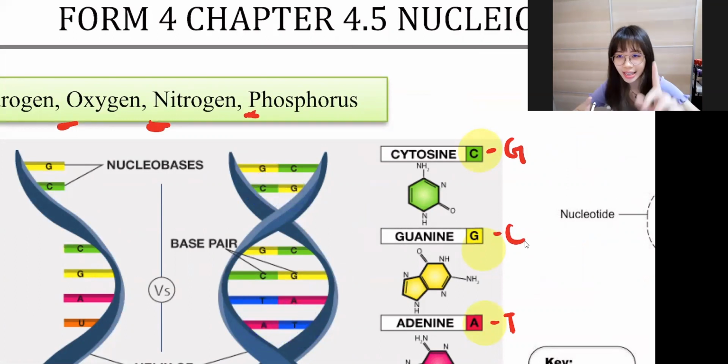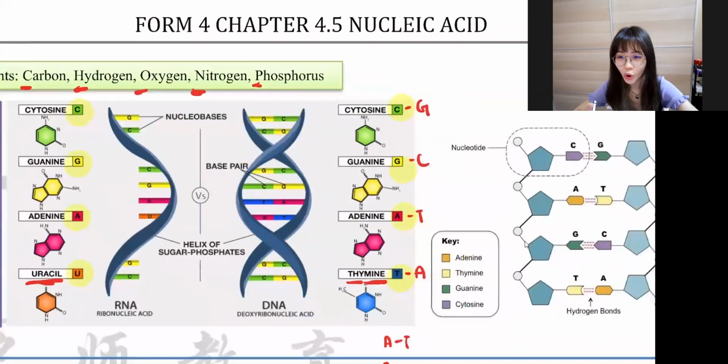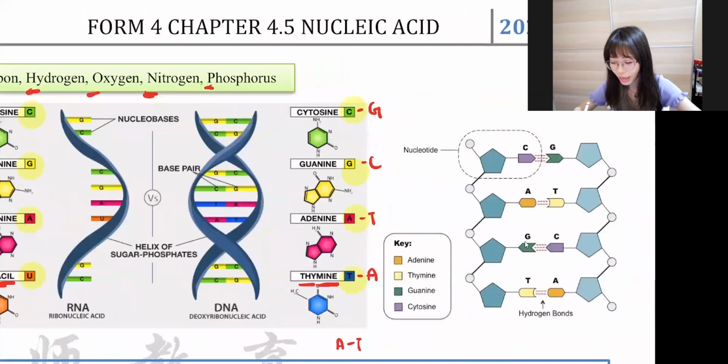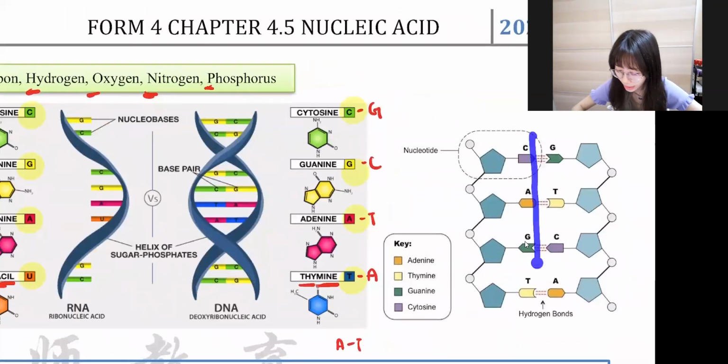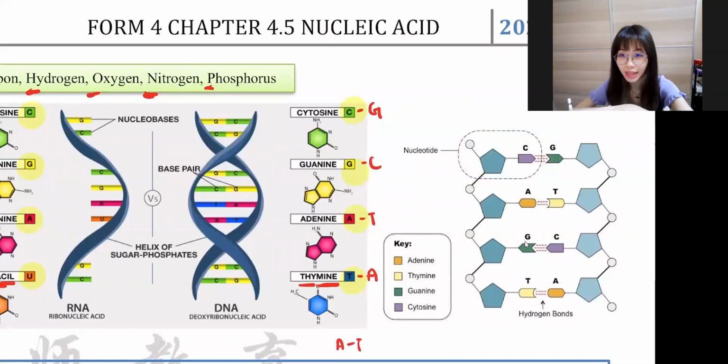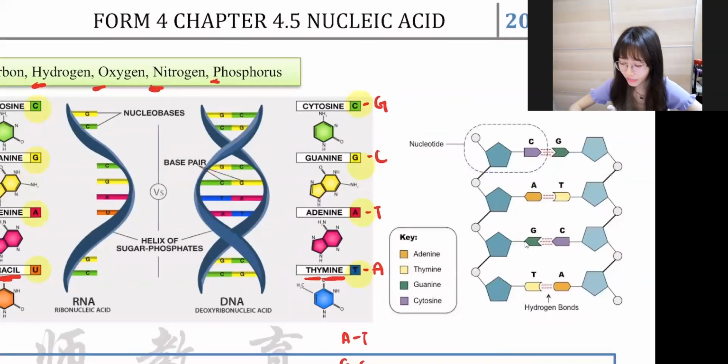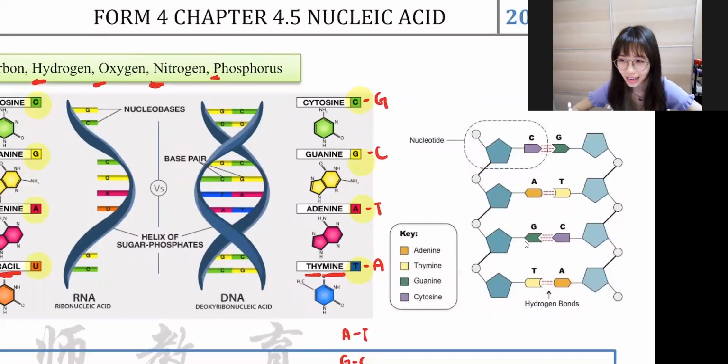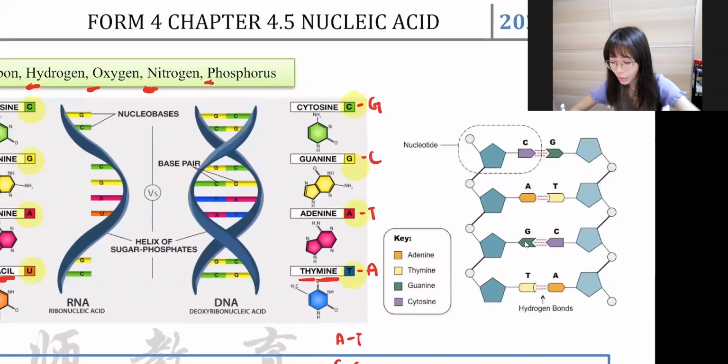Remember AT GC, because they will always ask you to write the combination, or ask you to draw the pair out. If the question asks you to draw the pair out, how are you supposed to draw? They give you one side, maybe this side. This thing is called nucleotides, right? They ask you to fill in the DNA, because if it's only one side, it's just RNA. How are you supposed to draw DNA?